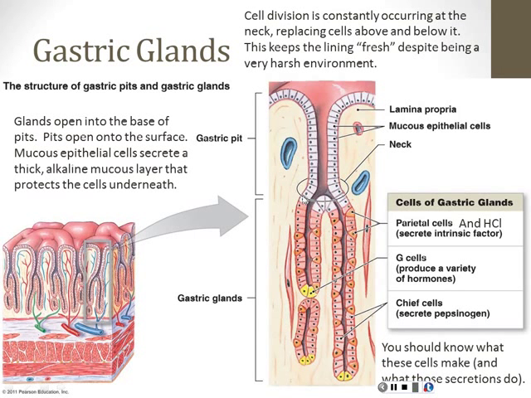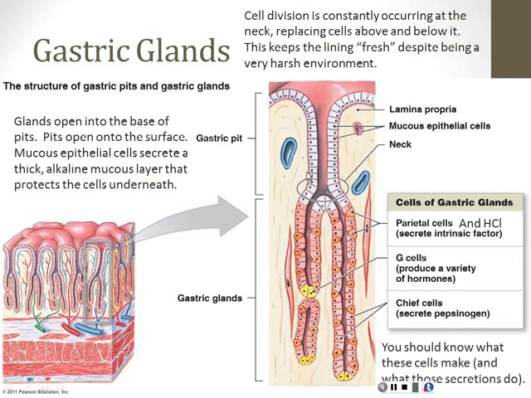So one of the body's tricks to dealing with a harsh environment, like the skin surface, right, is with cell division. If you keep replacing cells with new cells, then no one cell is ever very old. So it's a sort of dynamic turnover. So in the gastric mucosa, cell division occurs at this region right here, at the neck, we call that, the neck of the gastric pit.